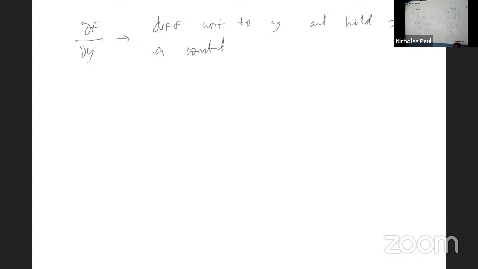So it's important that you could do that, and then you have to be able to do the second derivative.